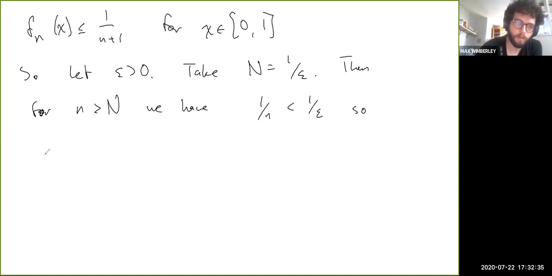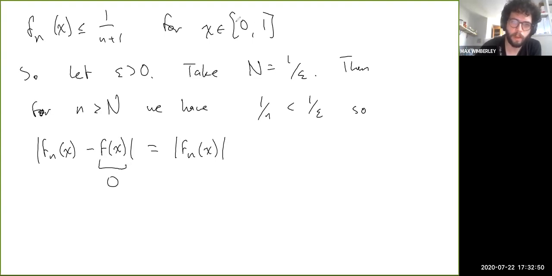So fn of x is less than or equal to, well, the limit is just 0, since x is in [0, 1], and fn of x is positive.